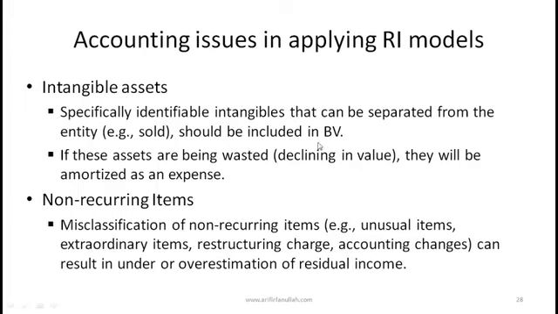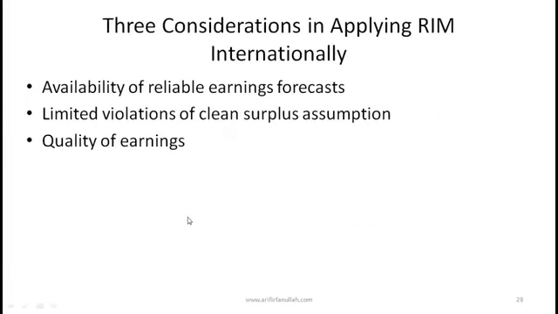So if you are doing a residual income analysis to compare the two companies, you should make an adjustment so that the relevant intangible asset is shown as an asset on both sides. Non-recurring items: in your future forecast of income, you should remove the non-recurring items.